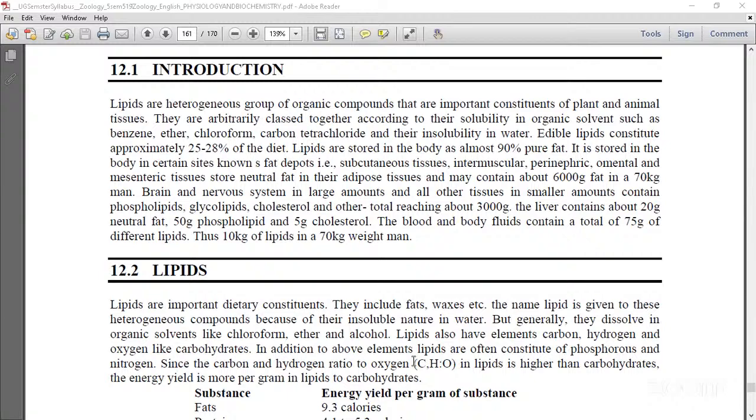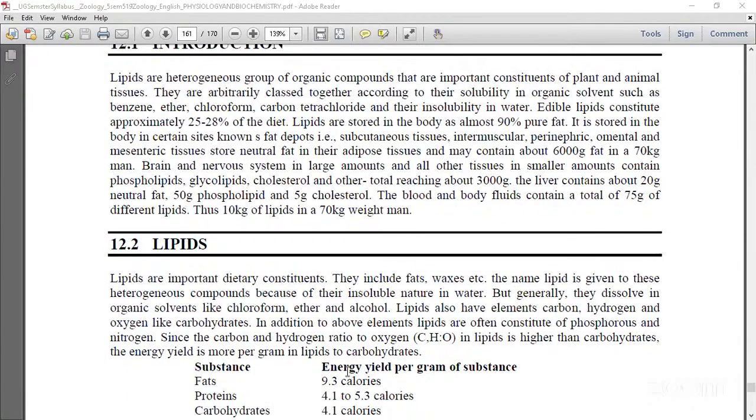Lipids have the elements carbon, hydrogen, and oxygen like carbohydrates, and in addition they also have phosphorus and nitrogen. Since the ratio of carbon and hydrogen to oxygen in lipids is higher than in carbohydrates, the energy yield per gram is more than carbohydrates.